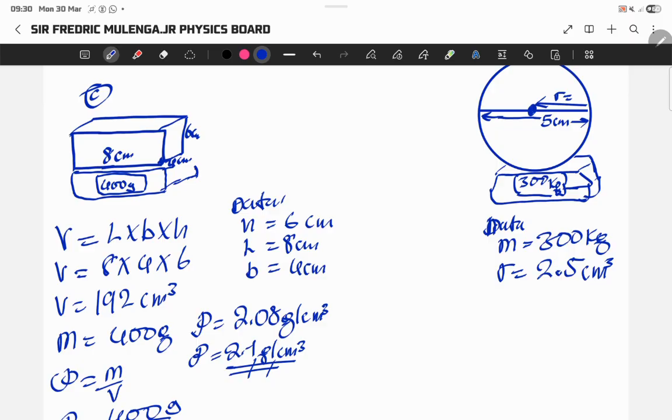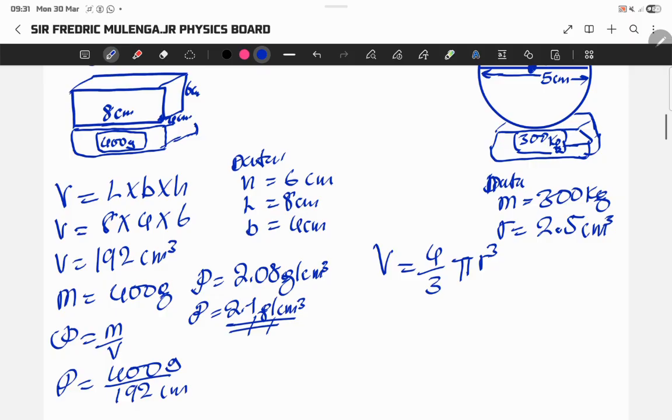We know the volume of a sphere is 4/3 pi r cubed. So let's substitute: 4/3 times 3.142 times the radius of 2.5 cubed.